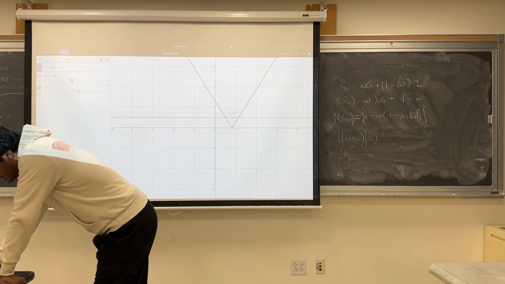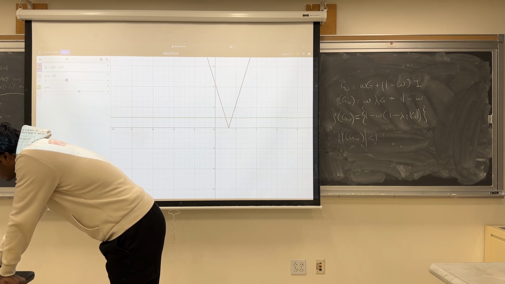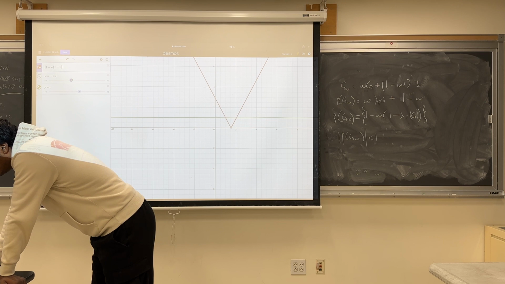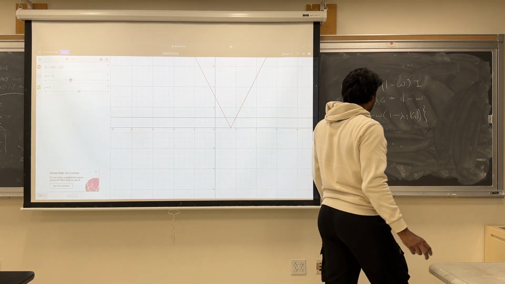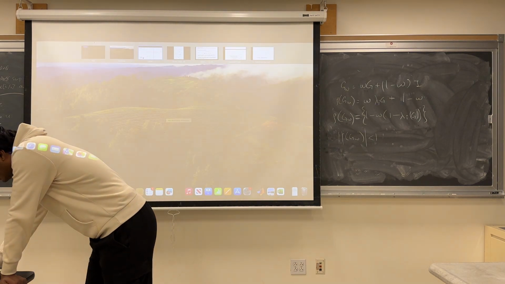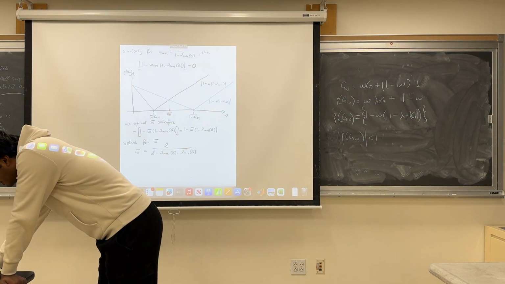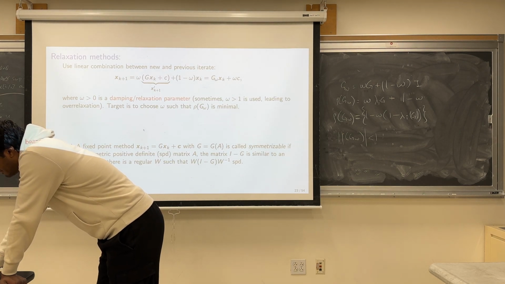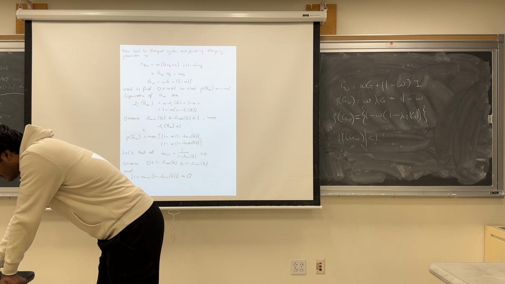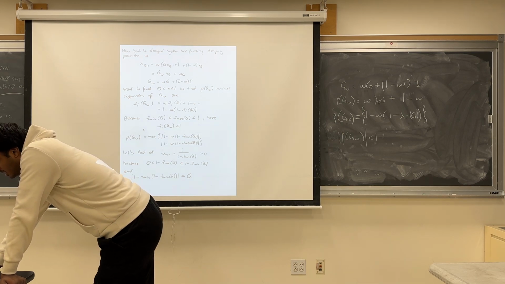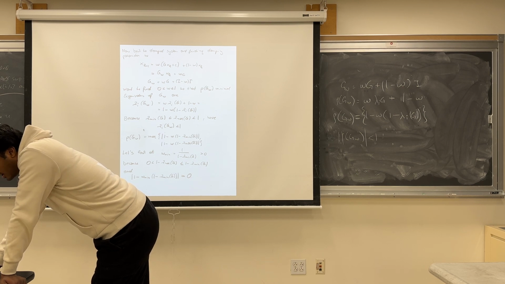Oh, but what if I choose a negative omega? This is only true for positive omega then, right? Omega always has to be positive, right? Is that made clear somewhere? Yeah, omega greater than 0 is a damping parameter. It's always greater than 0. So my lambda of G should always be less than 1.